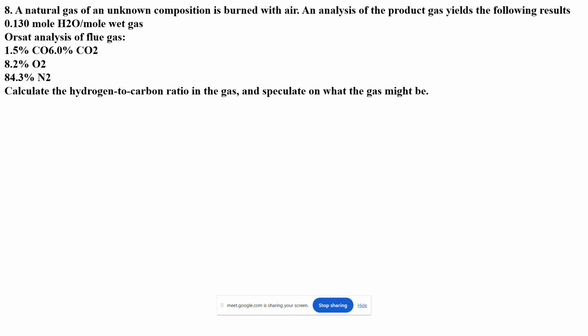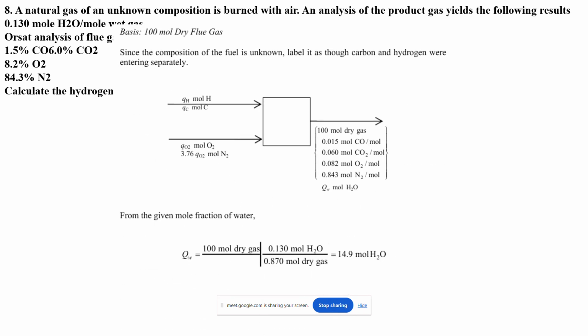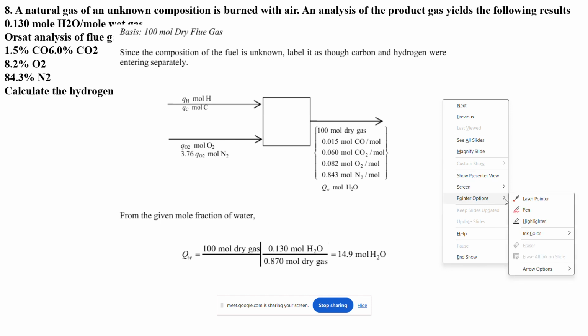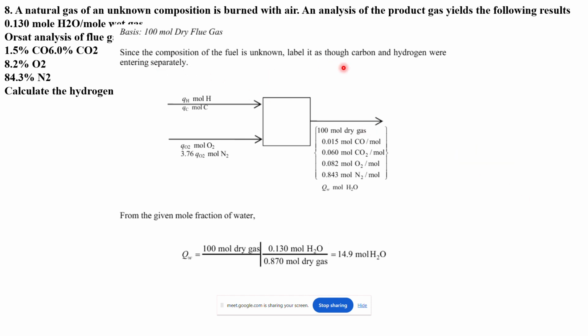First we will try to imagine our problem. Since the composition of the fuel is unknown, we label it as though carbon and hydrogen were entering separately.